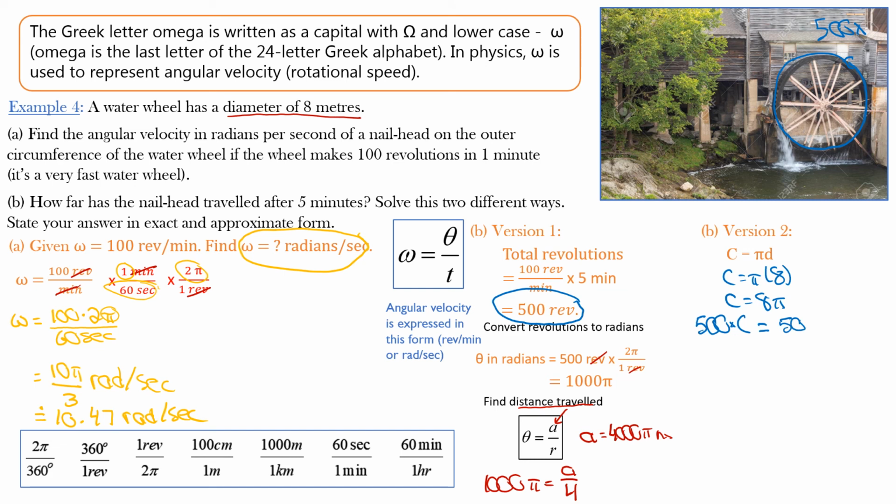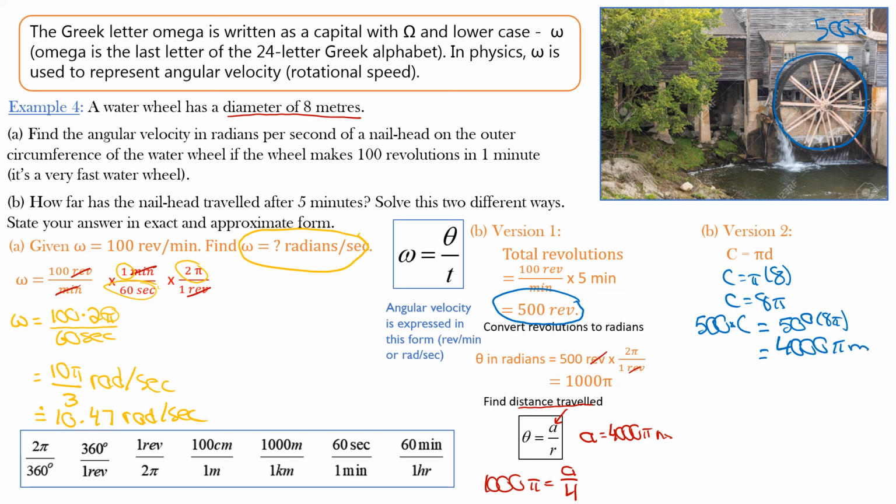That will be the same as 500. Got to do the same thing to both sides. 500 times 8 pi. So I'm multiplying both sides by 500 because it's going around 500 times, not one circumference. One circumference is 8 pi, but I've got 500 of them, so I'm going to multiply everything by 500. So 500 circumferences is equal to 500 times 8, same answer, 4,000 pi meters.